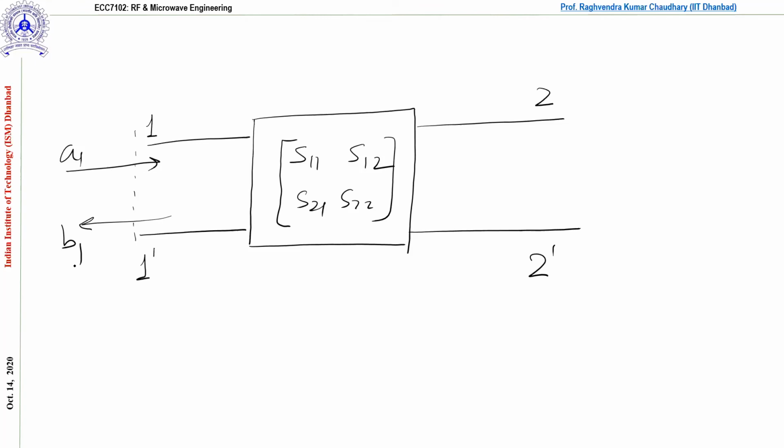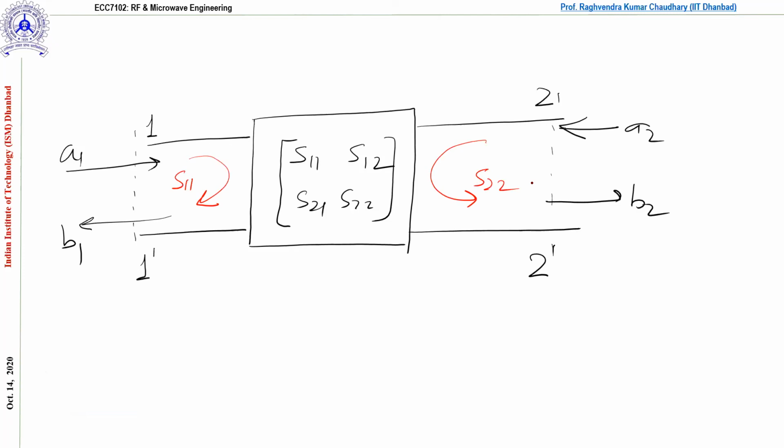In the same way, if this is a terminal, let's say, this is A2 and this is B2. Fine. So it means what? When I'm saying S11, this is actually reflected from port 1 only. So this is S11. Similarly, this will be S22, if we are talking about the port 2 side only.